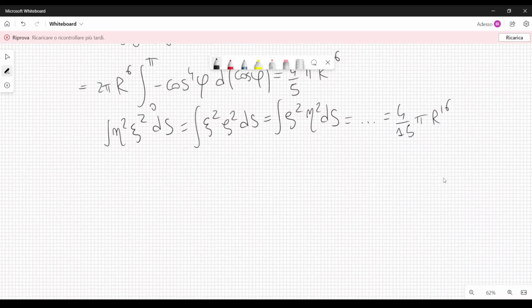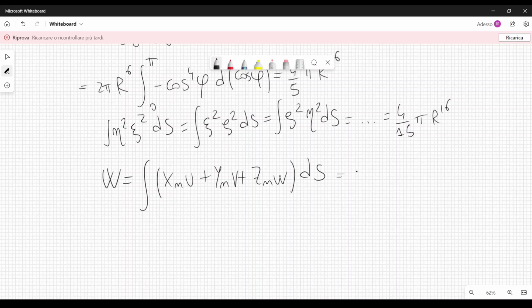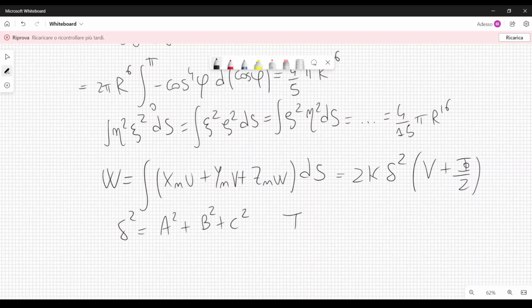And by doing the calculation for the work, so work is equal to the integral of xn u plus yn v plus zn w, which is an expression that we wrote above, and we have to integrate over ds. The final result can be written in this form. It is 2k delta squared times V plus phi over 2, where delta squared is simply equal to a squared plus b squared plus c squared, whereas phi is the volume of the sphere with radius r, so 4 over 3 pi r cubed.